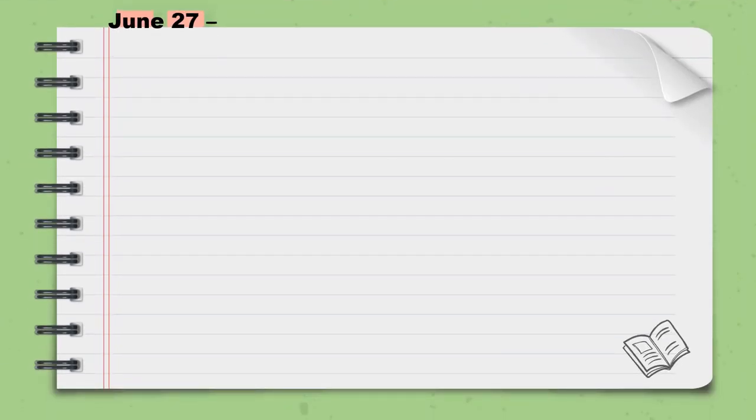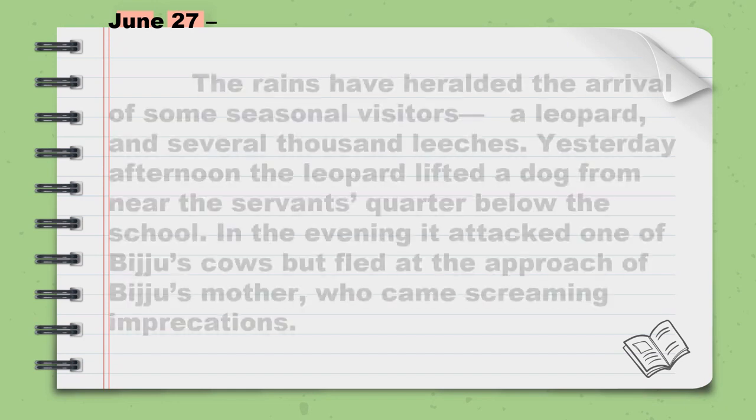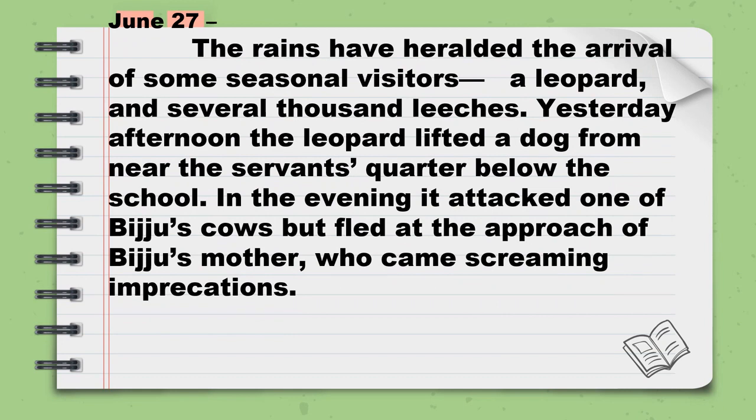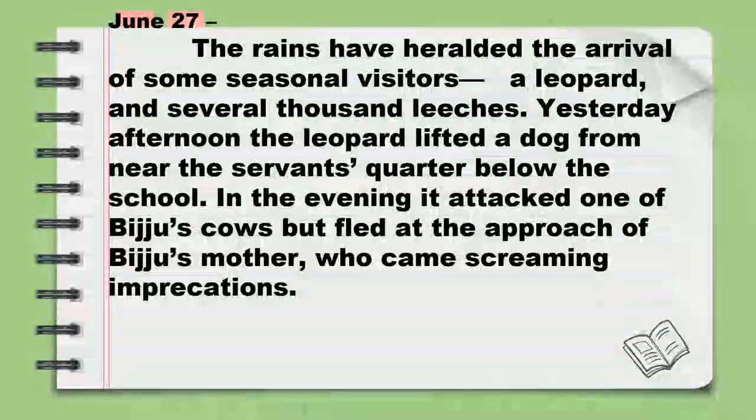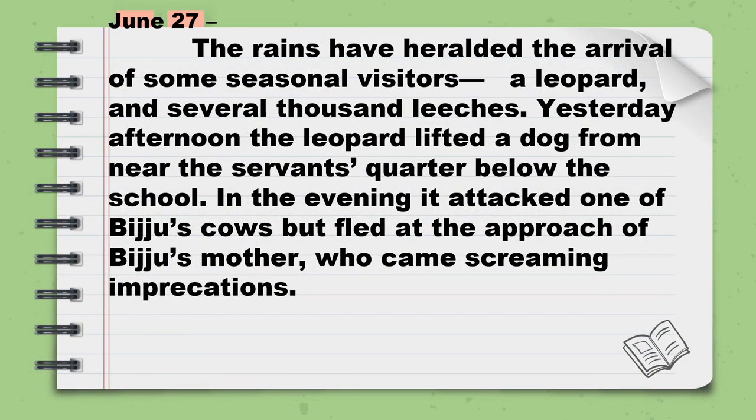Let's read the third diary extract of Ruskin Bond. June 27th. The rains have heralded the arrival of some seasonal visitors, a leopard, and several thousand leeches. Yesterday afternoon, the leopard lifted a dog from near the servants' quarter below the school.